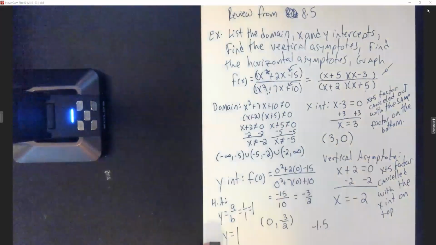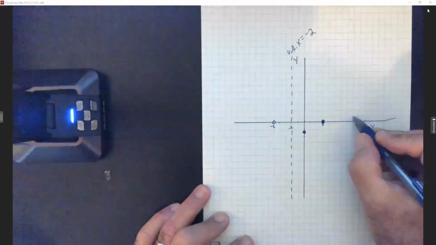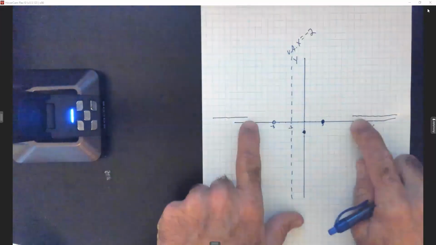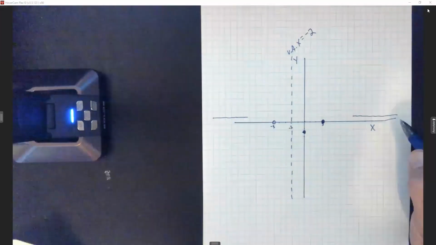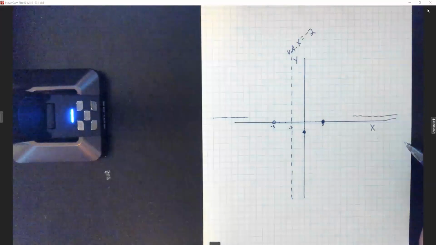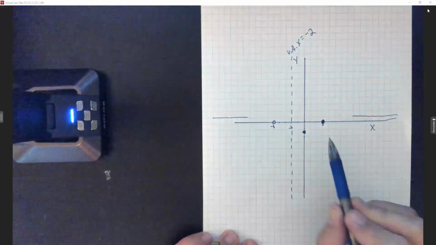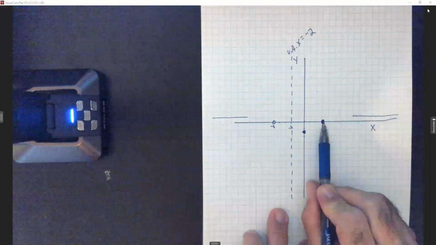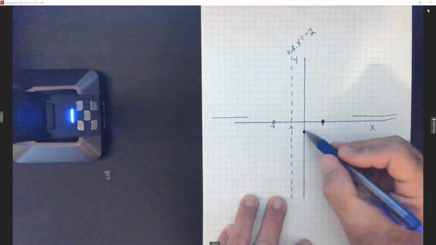So what that means on my graph is out here somewhere heading that direction and out here somewhere heading this direction, my graph is trying to get to that value of 1 on that graph. It never reaches it, but it'll try to get there. So, Christine, let's think about this. I'm going to play with this side first. Remember, that's the only x-intercept I got. So that means this point cannot come back up. It cannot go up and cross that line again.